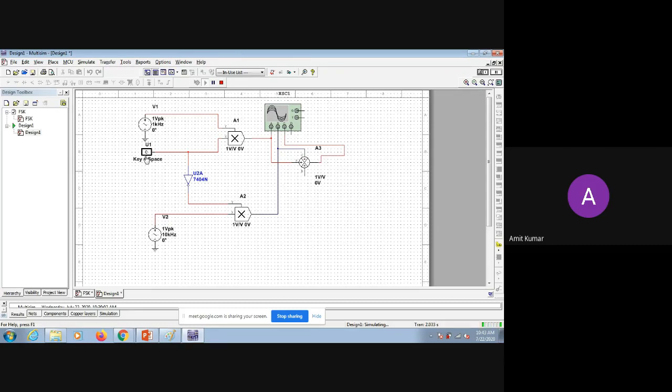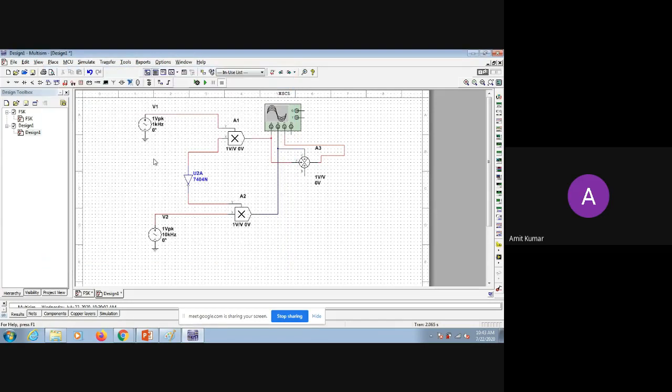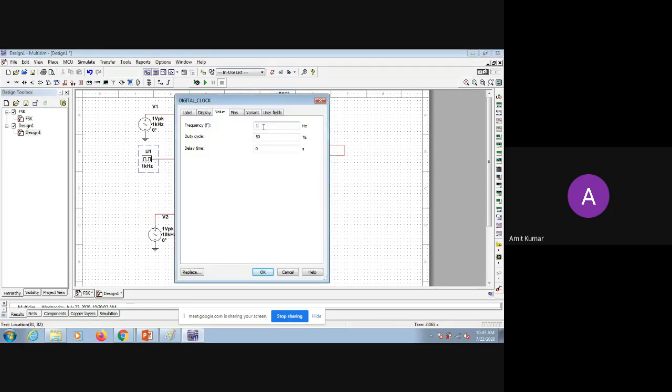Now instead of using this key space, we will replace it with a clock. 1 kilohertz is very high, so I will place 10 hertz.